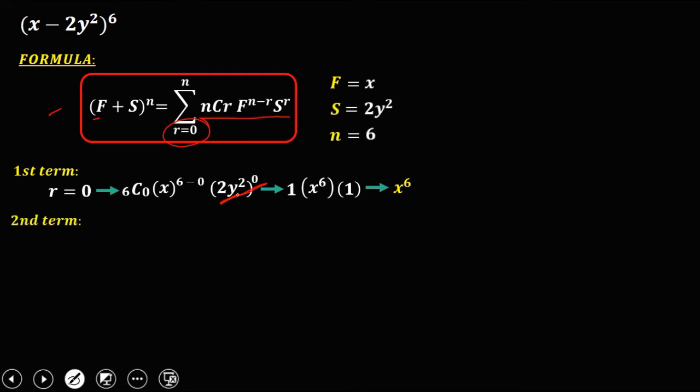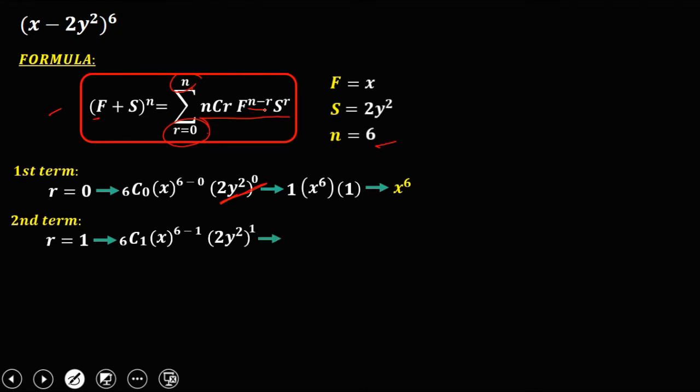Then for the second term, r now equals 1. Take note, r goes from 0 to n, and n equals 6, so r goes up to 6. So we have nCr, 6 choose 1. Then the first term x to the power n minus r, so 6 minus 1, then s to the power r, that's 1.